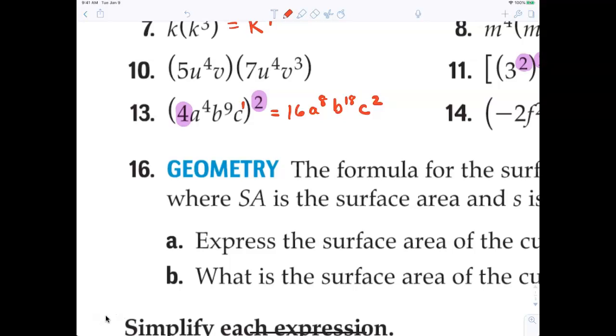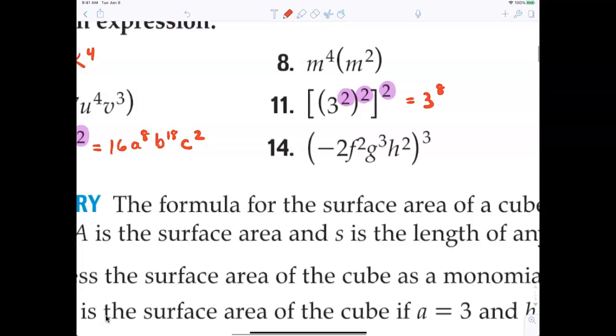All right, now if you don't know something, now's the time to speak up. Go, Zayden. I don't know how you got 16. What's 4 squared mean? 4 times 4, right? Good job. Anybody else? Yes, what? How come in 11 we didn't multiply the 3? What do you mean? Because if we have a 2 outside the parentheses and we have a 2 outside that, wouldn't it be 6?